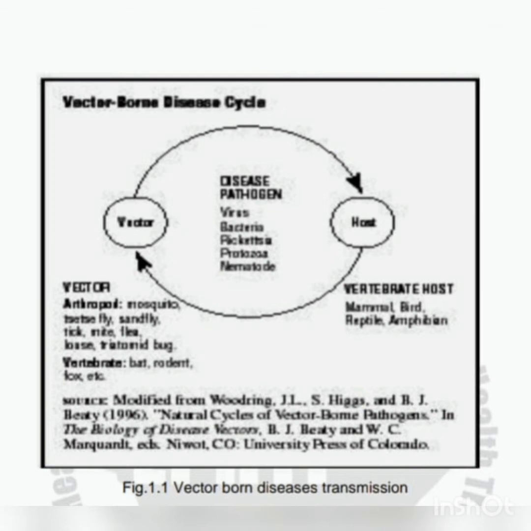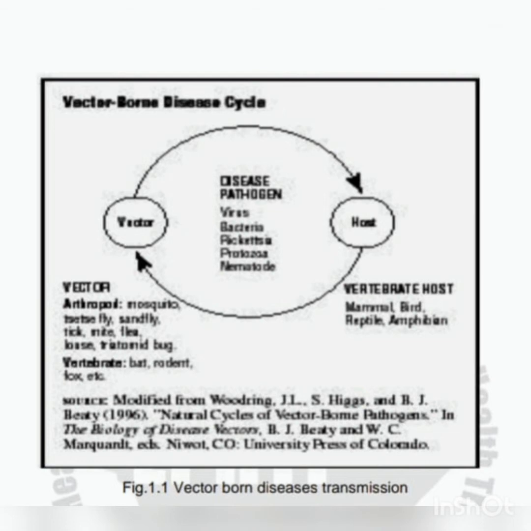And mechanical vectors are those where only the vector carries the organism, and it contaminates the food or water, and the person will eat that contaminated food and starts getting infection. So the organism will not enter the body of the vector, and there will not be any life cycle in the vector.